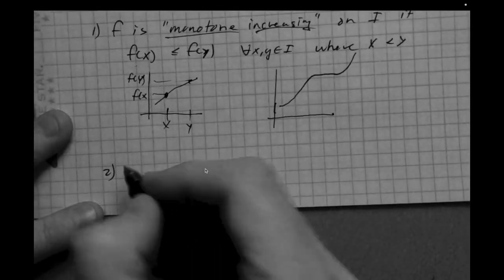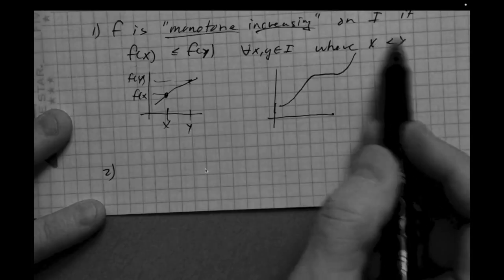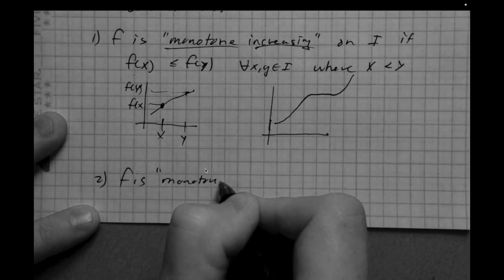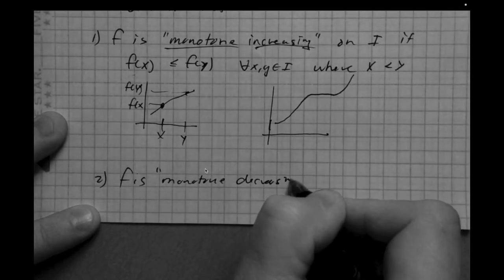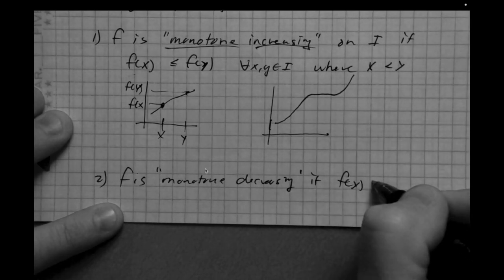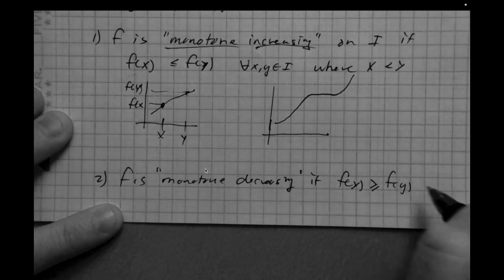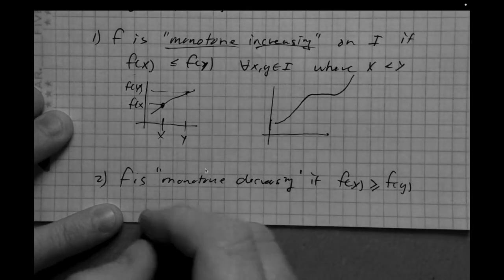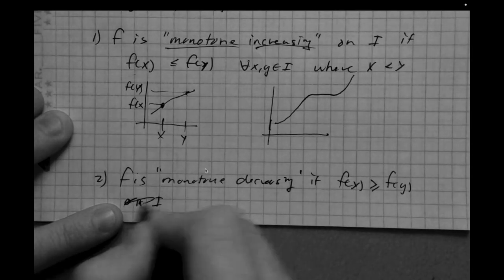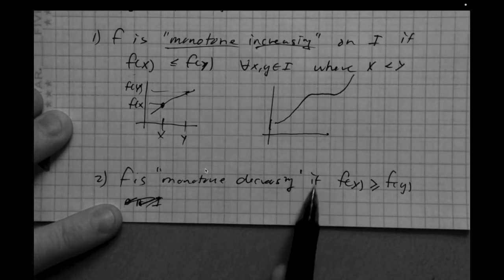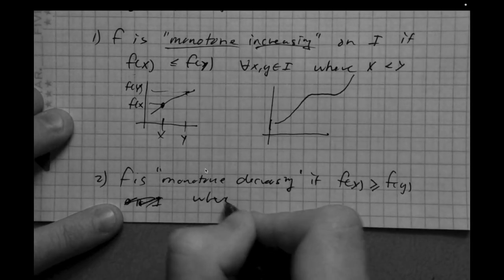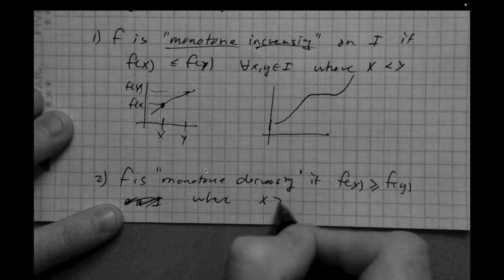The same thing is true for monotone decreasing, except we just flip this piece. So f is monotone decreasing on I if f of x is greater than or equal to f of y, where x, again, is greater than y here.